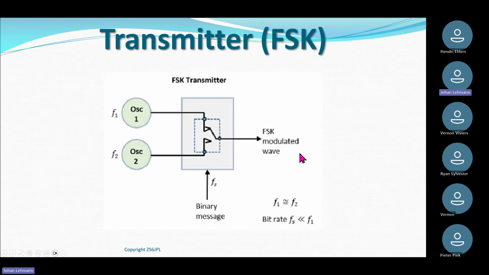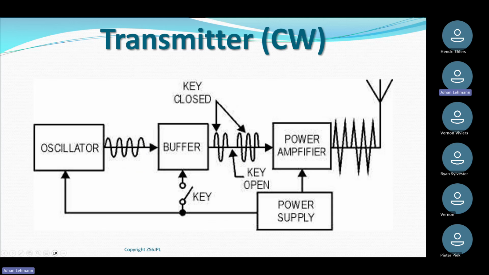The same with FSK, which was also a carrier modulation. I have two oscillators, right? And depending on if I have a 0 or a 1, I select either oscillator 1 or oscillator 2, and the output of whichever oscillator I've selected would go into the power amplifier to the antenna.